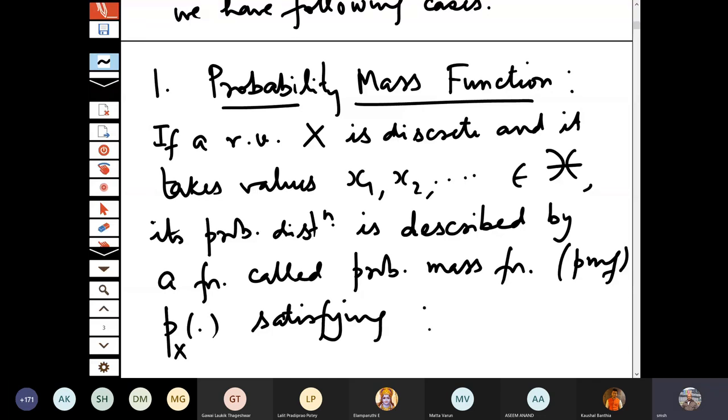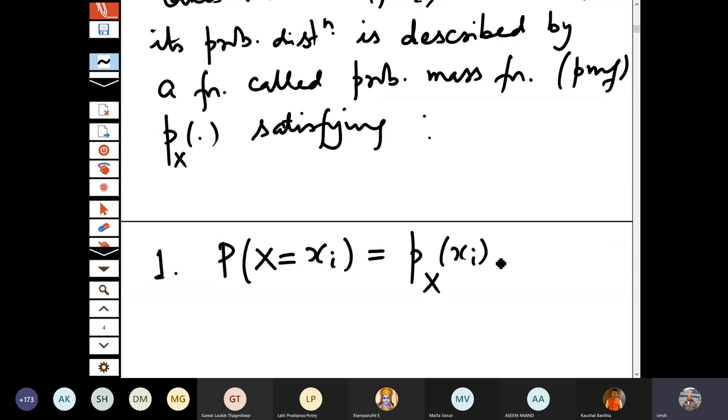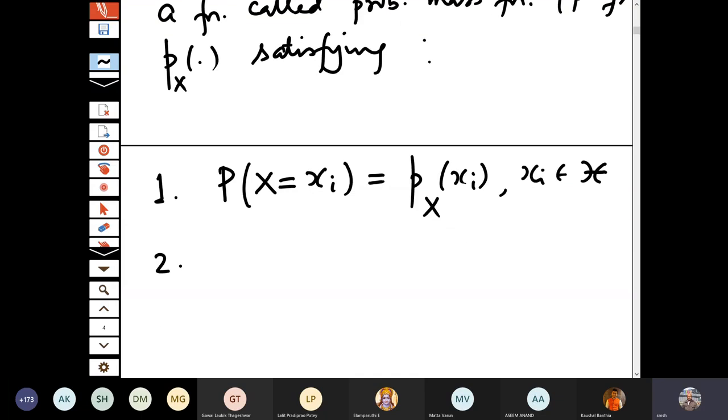The conditions are: one, that probability of X equal to xi is Px of xi for xi belonging to script X. Second, since it is a probability, this will always lie between 0 and 1.